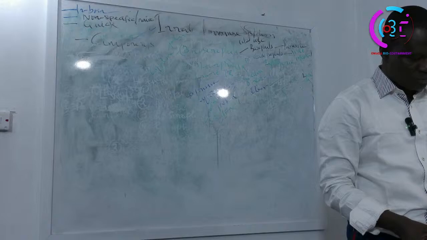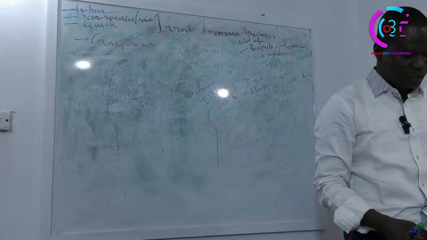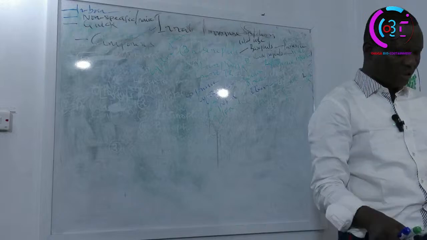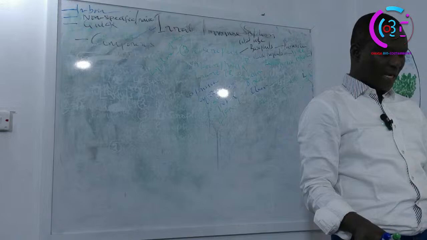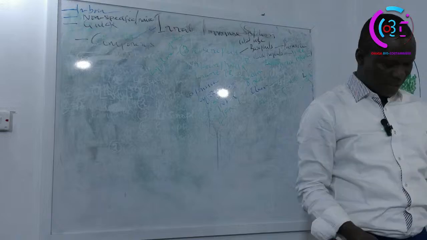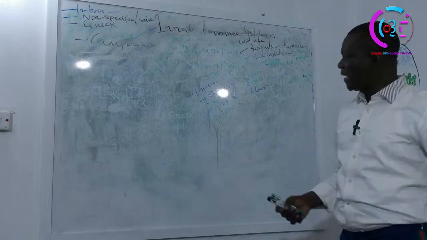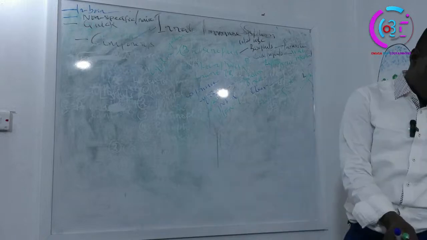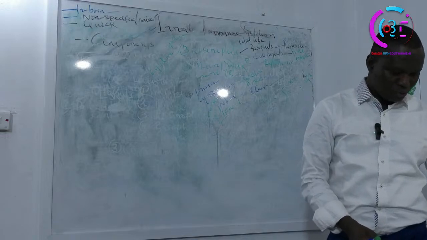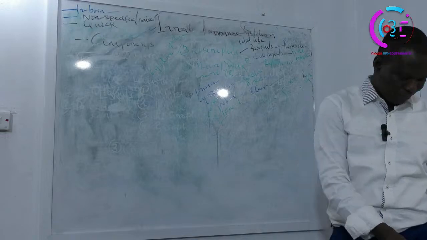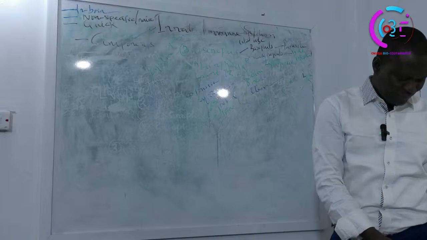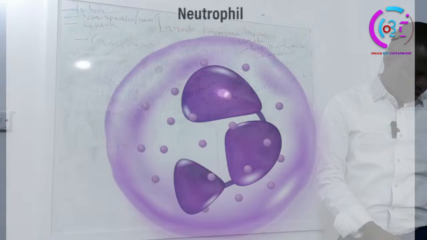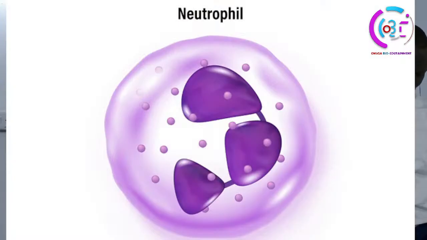I've also told you that natural killer cells stimulate or trigger interferon gamma as well. These are part of what we are going to use as diagnostic indications as we go on. So the next one after that is the neutrophils. That is number 6.